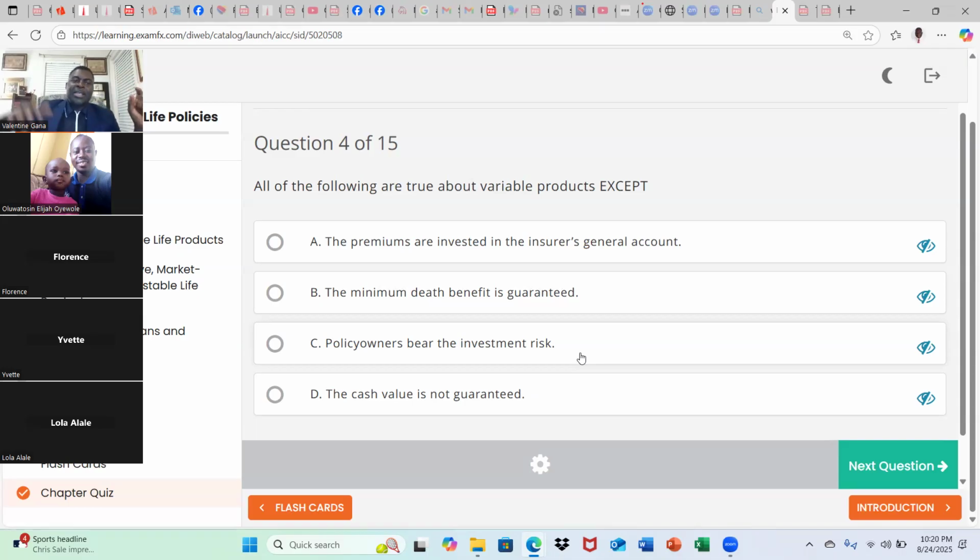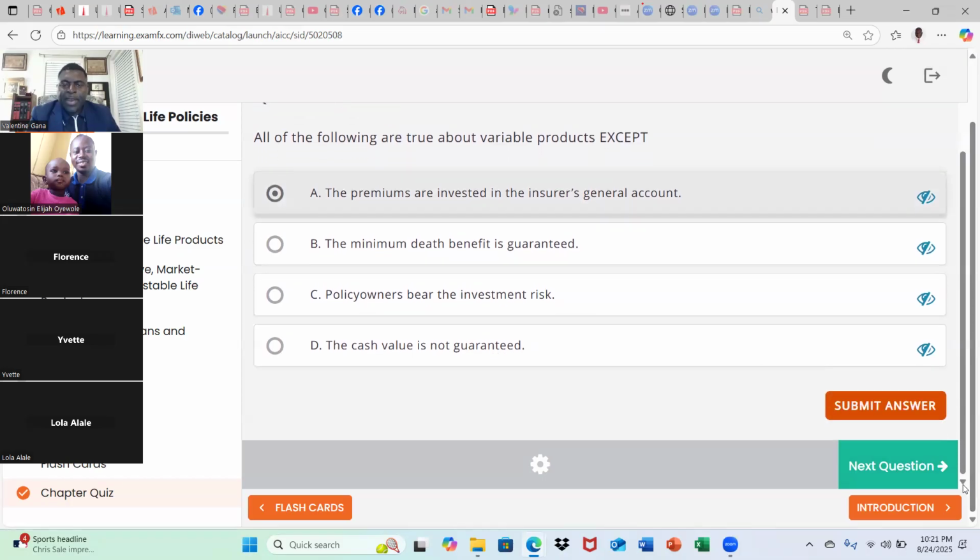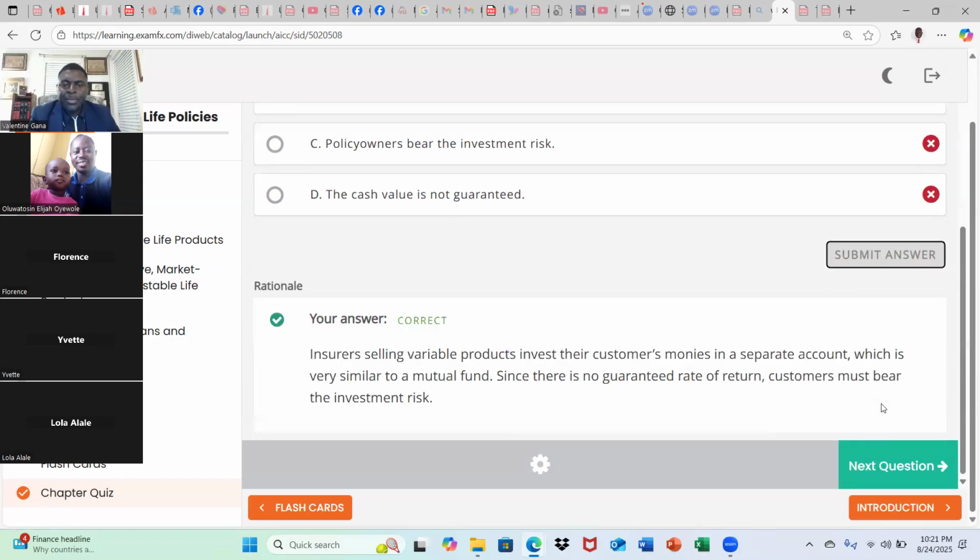What is not guaranteed is the amount they're going to generate from the variable portion, because it fluctuates. So the exception is A, the premiums are invested in the insurer's general account, which is not true. Let's find out if we're right. And that's correct.